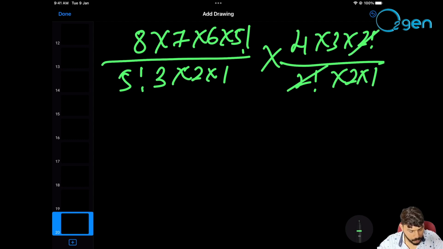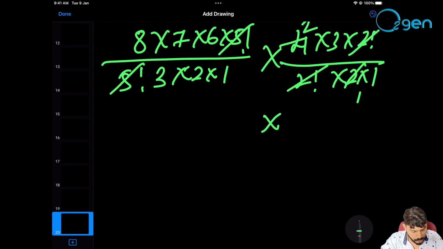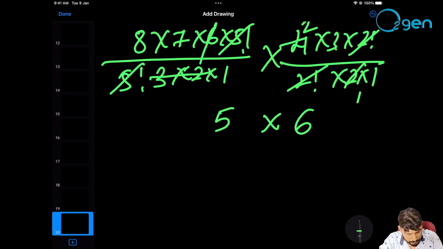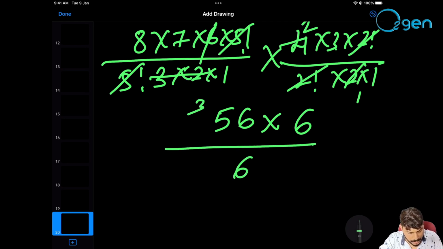The 2 factorial and 5 factorial get cancelled. 3 twos are 6 and the 6s get cancelled. 8 sevens are 56, and 56 multiplied by 6 gives 336.